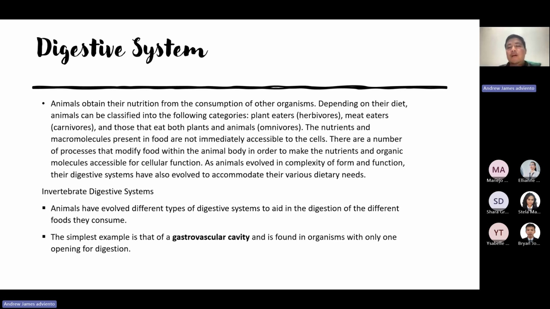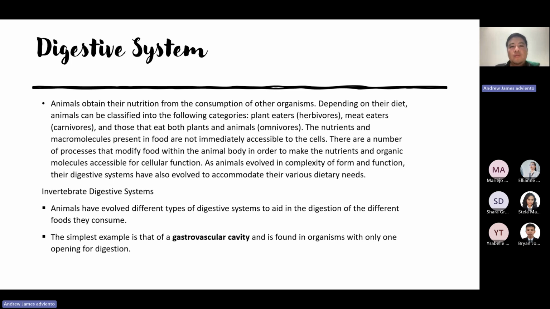Herbivores are the organisms that eat plants. Meat eaters, we call them carnivores. And if an organism eats both plants and animals, we call them omnivores. Omnivores, same as humans, because we eat vegetables, we also eat meat.